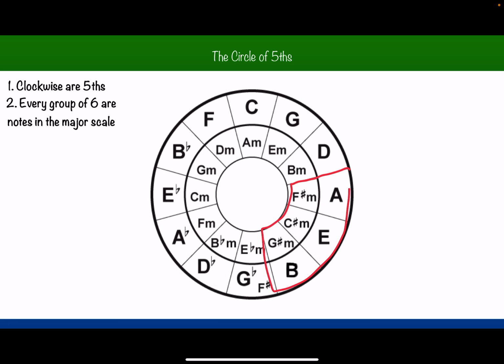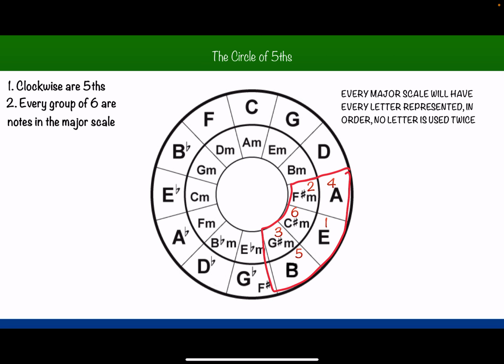Let's do the key of E major. Let's highlight all the notes around E and let's count them out. E is the 1, F sharp is the 2, G sharp is the 3, A is 4, B is 5, C sharp is 6. All right, so let's look ahead for the 7, and we know the 7 is next to the 3. But wait a minute, remember this from a previous lesson?